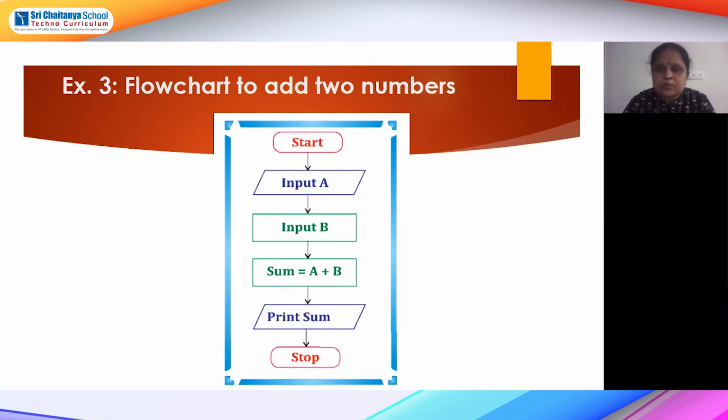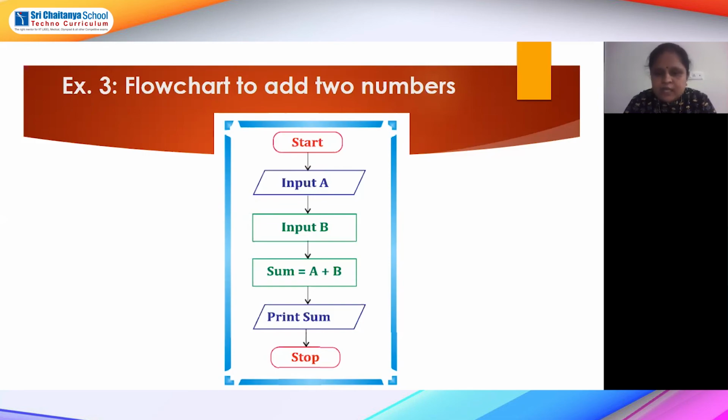I should use a parallelogram, that is the input output symbol, to read a value for input B also. It is a small error. Here I want you all to rectify it.